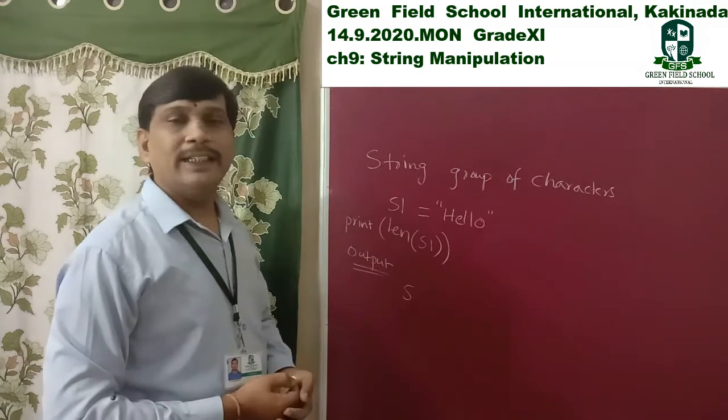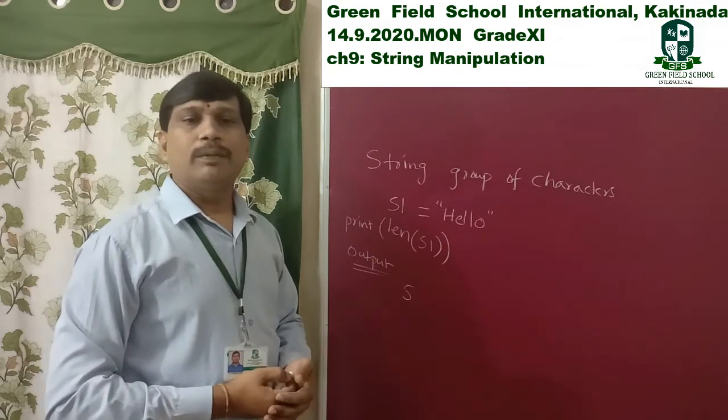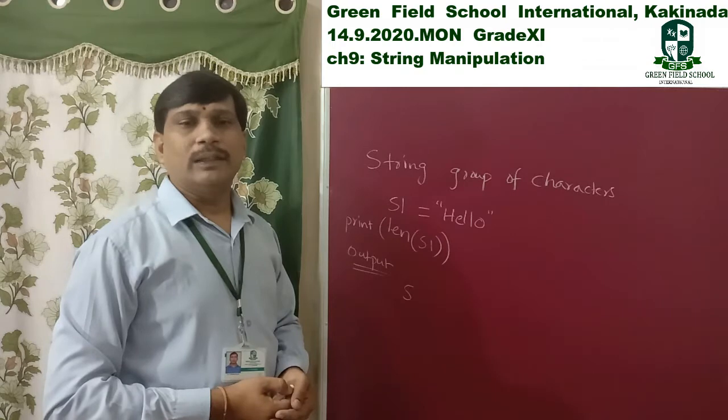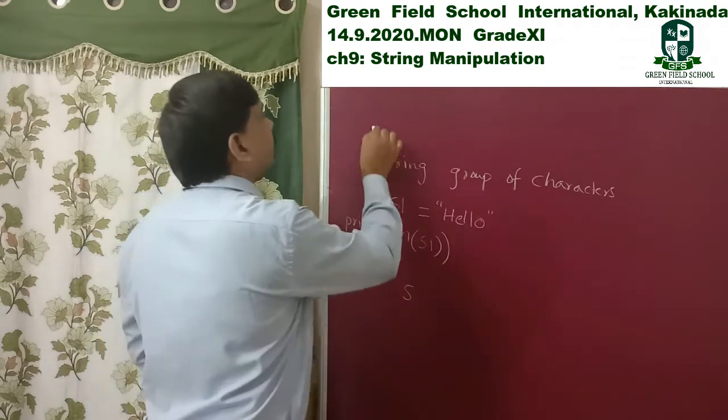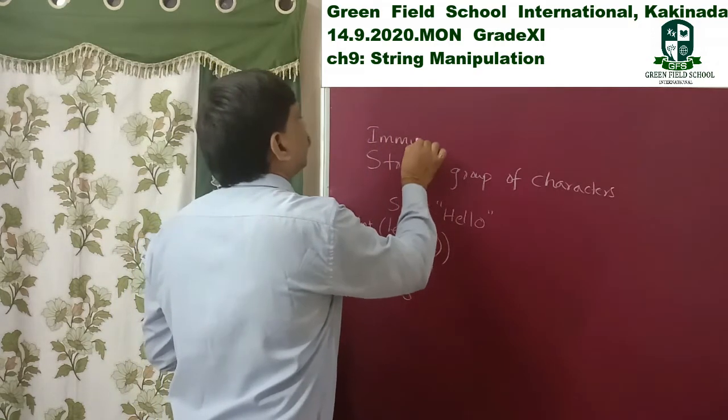A string is which data type? Immutable data type. Why are we calling it an immutable data type?